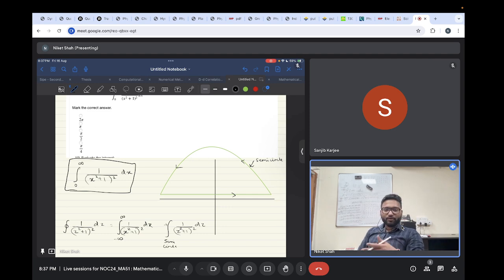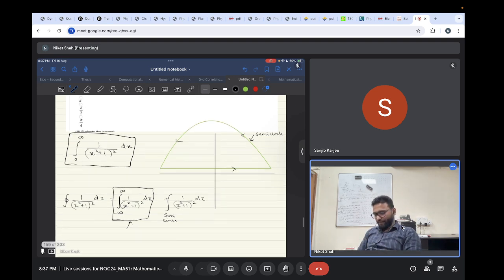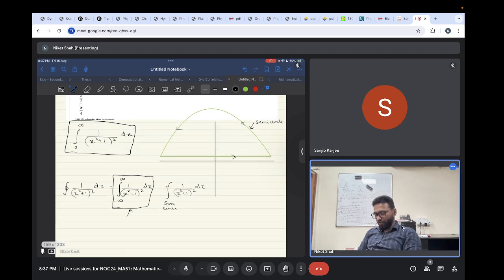I can break this integral into two parts. And then, because 1 upon x square plus 1 the whole square is an even function, whatever value I get for this term, I can make it half. So this is the procedure that we are going to follow.